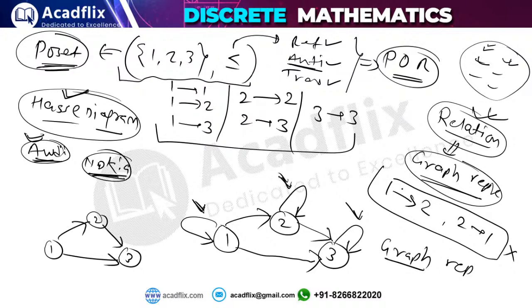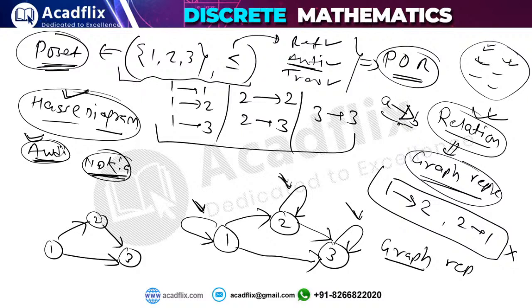So you cannot have 1 related to 2 and 2 related to 1, because of the antisymmetric property. Because of this property, if you have two different elements A and B, let's assume, then at most one of these things can happen.